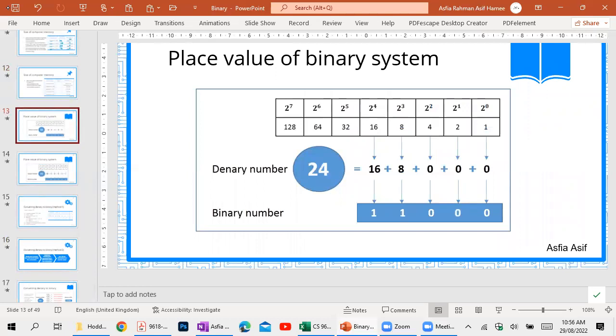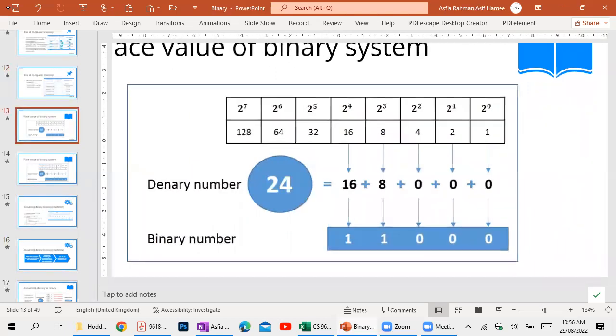Now coming to the binary system and the denary system conversions. We know that binary systems represent the numbers that we are familiar with, that is the decimal number system. But the computer needs to convert it into binary numbers. We don't need to do any programming for that, but we need to understand how the conversion works.